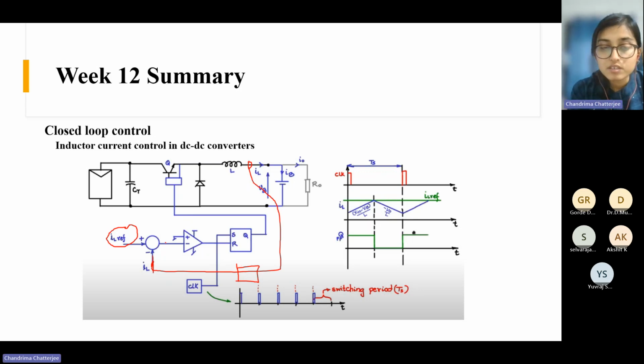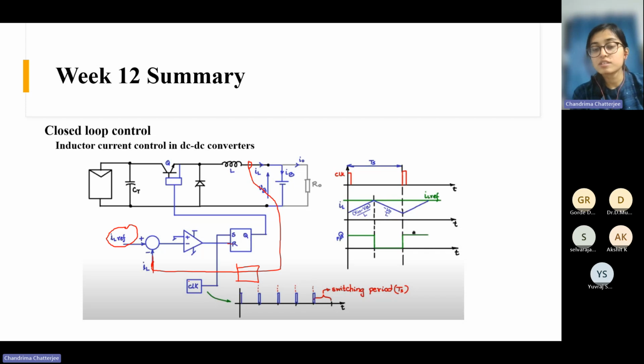And then the error is connected here to an op amp, and the positive terminal is grounded, and the output of the op amp is connected to an SR latch. This is connected to the reset pin, and the set pin is connected to a clock.